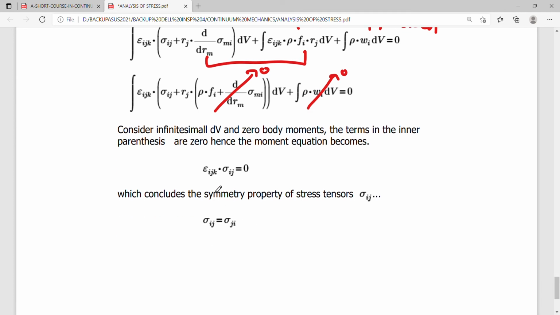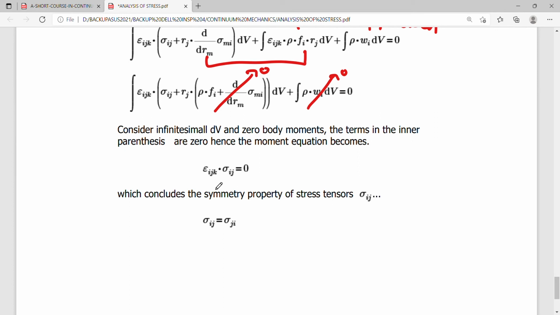So what's the meaning now of this epsilon i j k sigma i j? If I'm going to expand this, this will only yield a contraction, such that I will be having three equations in the form.